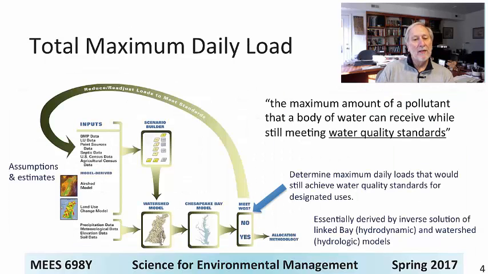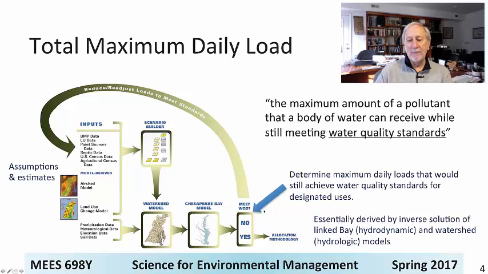So the total maximum daily load is the amount of a pollutant that a body of water can receive while still meeting water quality standards. We know what those standards are. We set those standards here, and basically what we're then trying to determine is what is the maximum load of human inputs that the bay could receive and still achieve those standards.